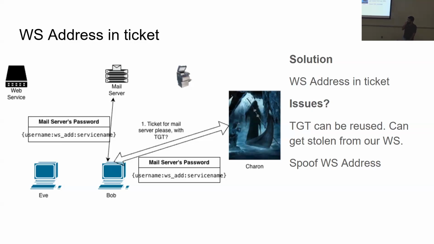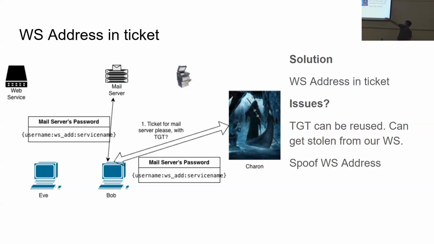So one issue which comes up over here is that now the service ticket itself is not one-time use. It can be reused multiple times, right? Eve can steal that service ticket from Bob and reuse that certificate directly to access Bob's mailbox, because Eve doesn't necessarily have to get a TGT and get a service ticket from Sharon.